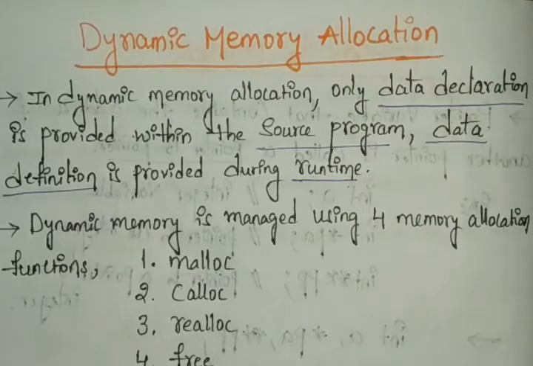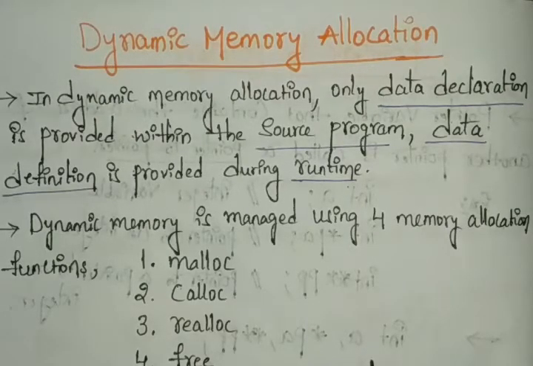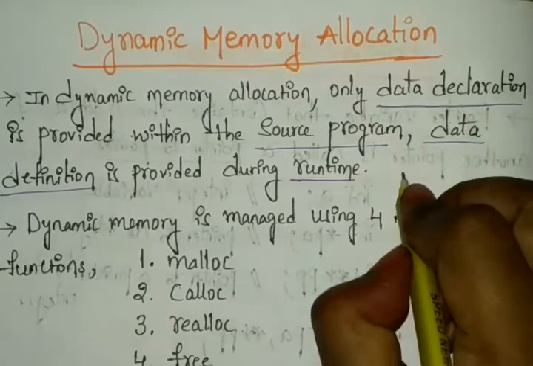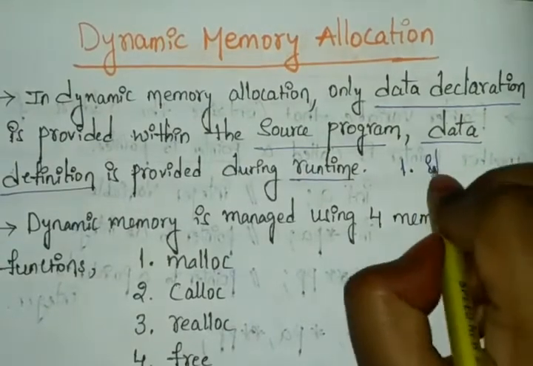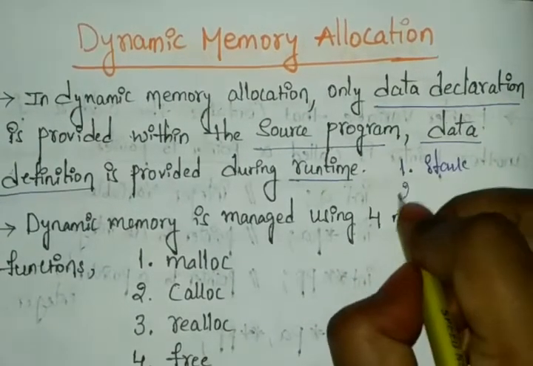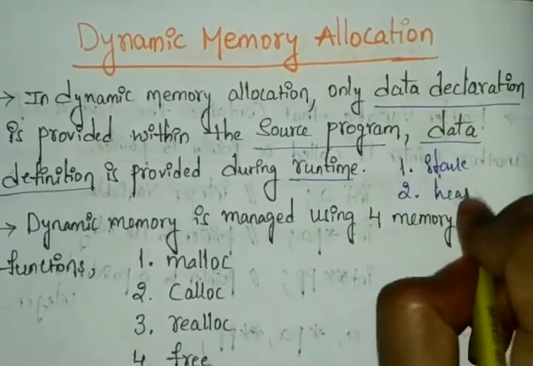Memory allocation can be done in two parts: one is the stack and the second one is the heap.